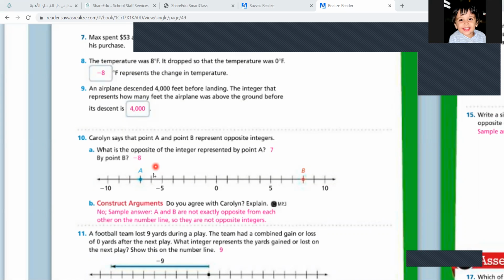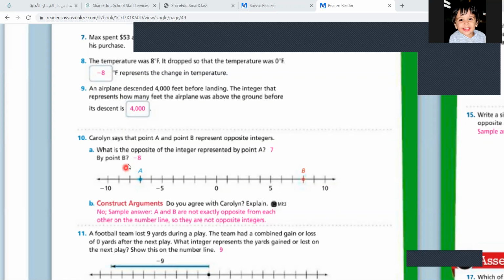So minus 5 goes here, and minus 6 goes to the next one and becomes minus 7. So they ask you, what is the opposite of minus 7? Yes, the answer is plus 7.